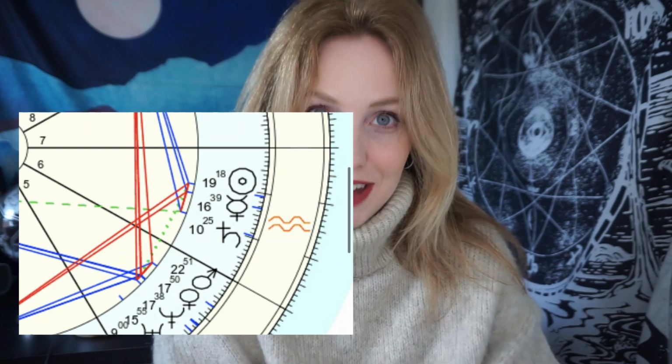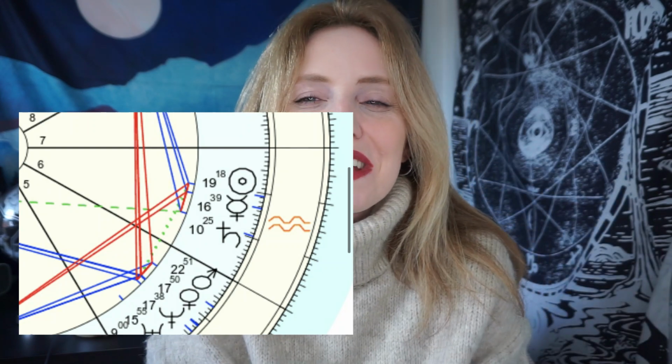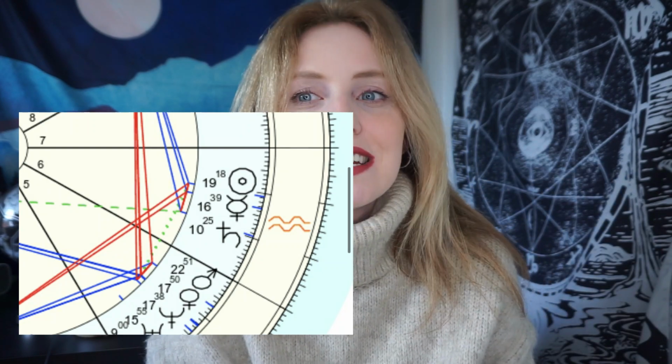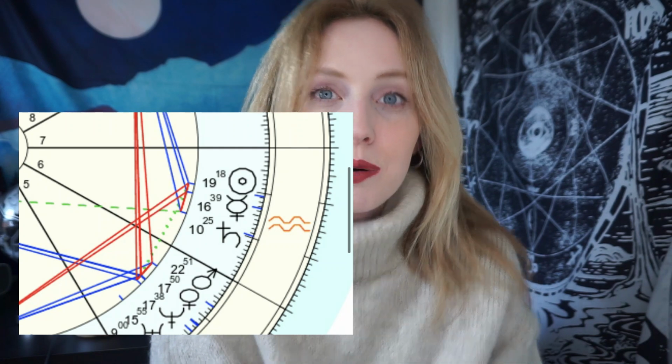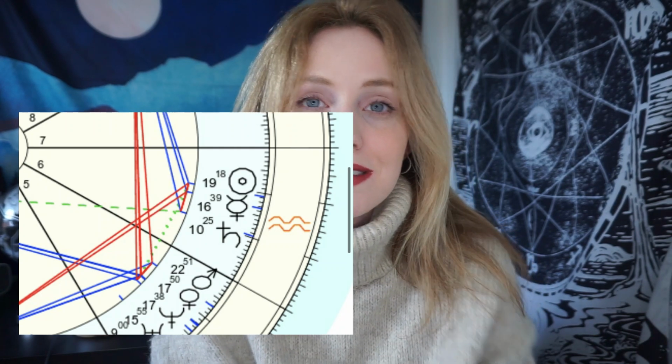Moreover, I have Saturn and the Sun conjunct Mercury in Aquarius. So I'm not going to be as quick-witted as other Aquarians. I'm not a quick-witted person. I don't consider myself to be funny. I'm not very good at coming up with jokes on the spot. It's just not me. In fact, I'm more reserved.